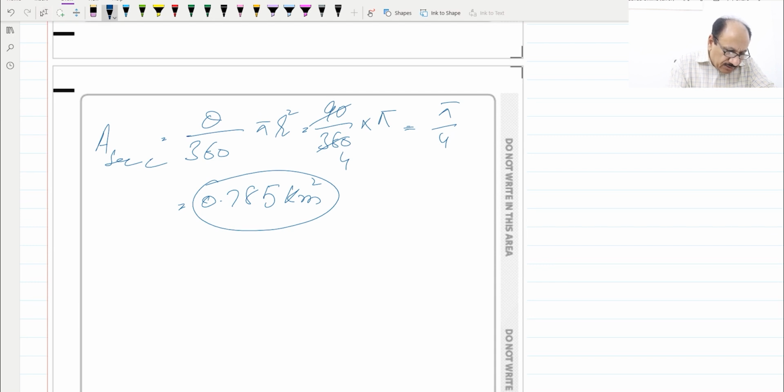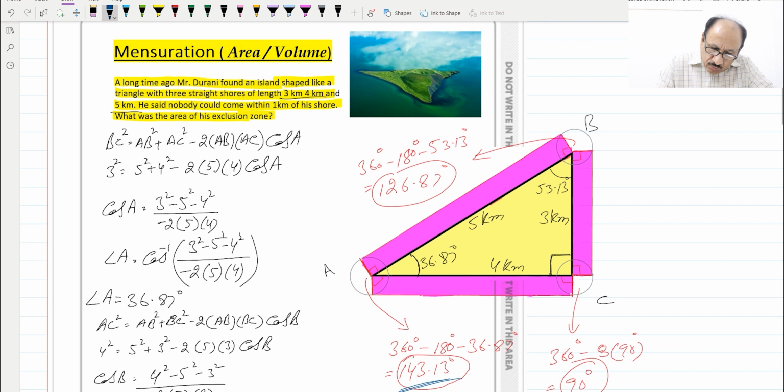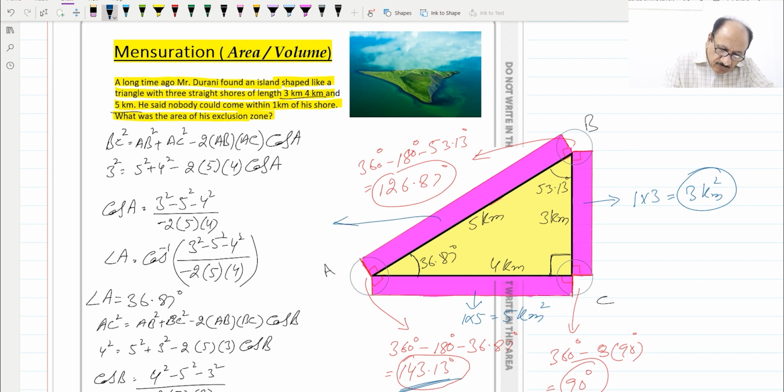Area of rectangles, there are 3 rectangles, and these shaded rectangles, for example, for this one it will be 1 into 3, which is equal to 3 kilometer square. This will be 1, and this will be 1 into 5, which is equal to 5 kilometer square, and this side area will be 1 into 5, which is equal to 5 kilometer square.